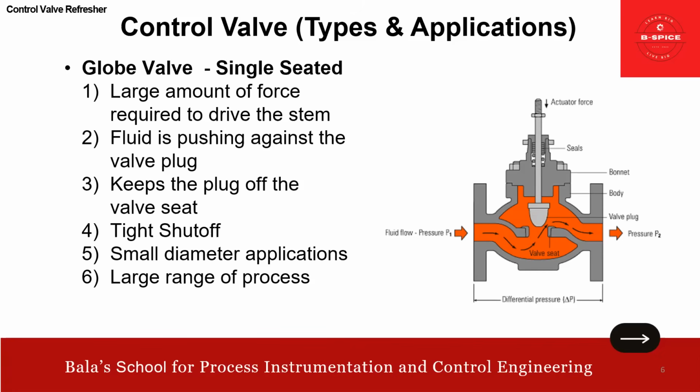Almost everywhere we use this kind of valve, unless there are special criteria such as pressure drop or slurry application. Then we can go for a different type of valve considering the process requirement. This is about the globe valve single seater. And of course, this is predominantly used in oil and gas and power applications.